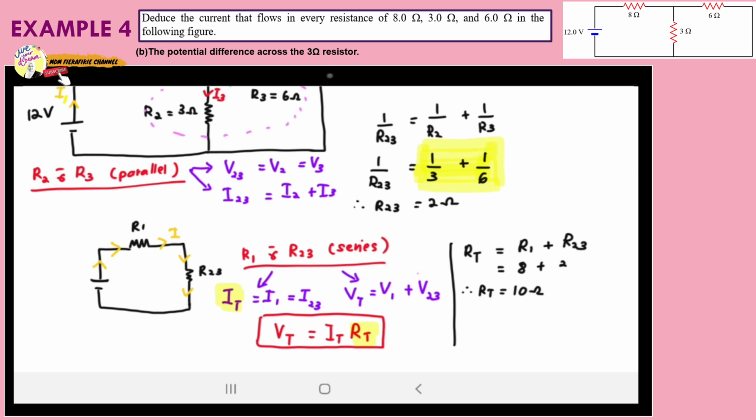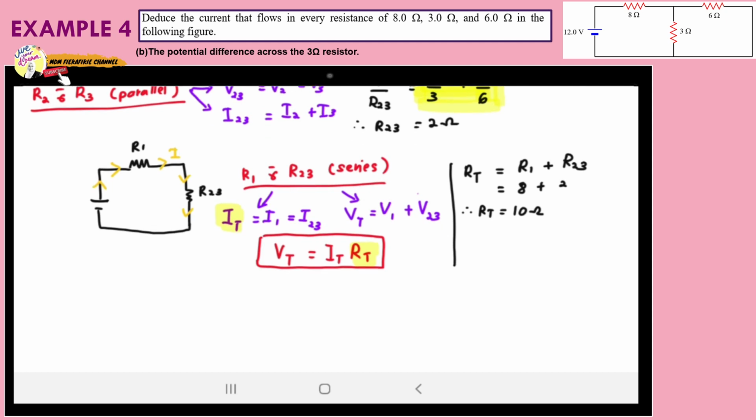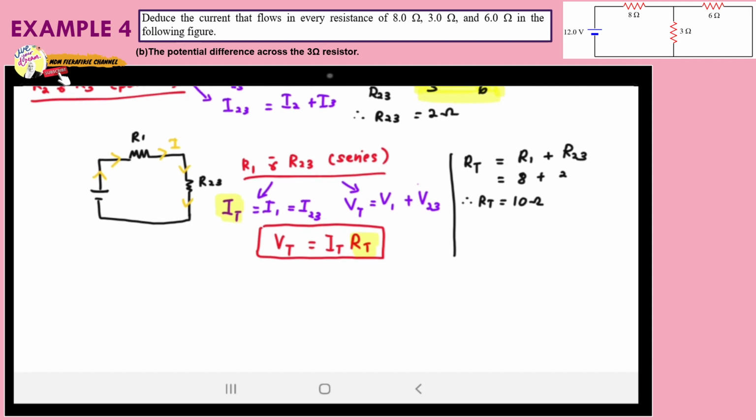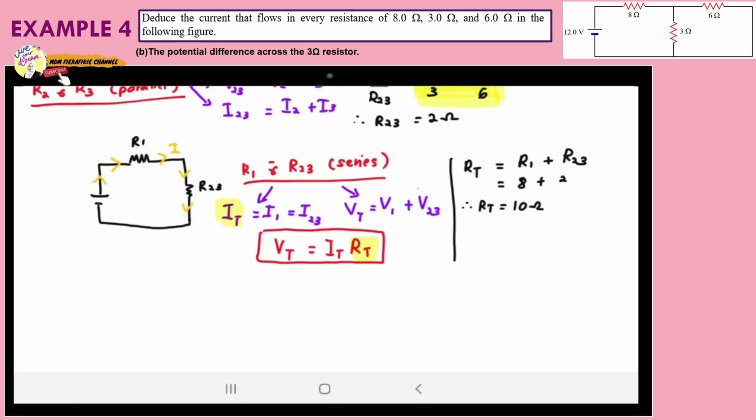So I total. Sekejap ya. Kecilkan sikit. Okay, so I total is equal to V total over R total, where V total is the amount of voltage supplied to the circuit.